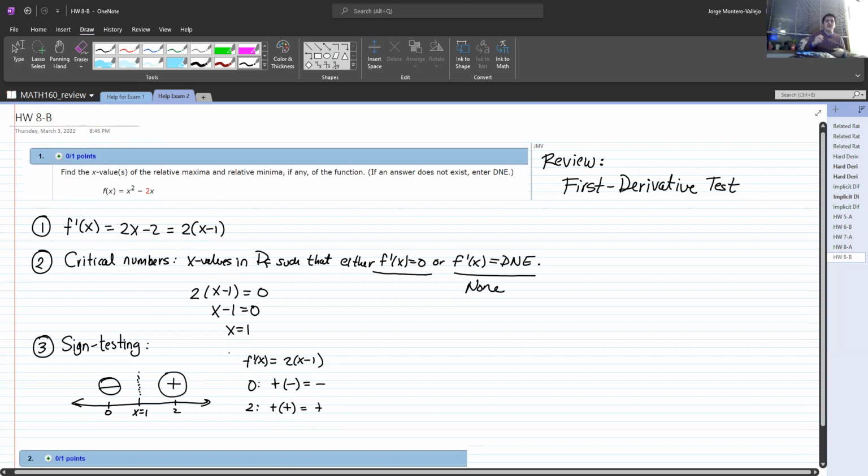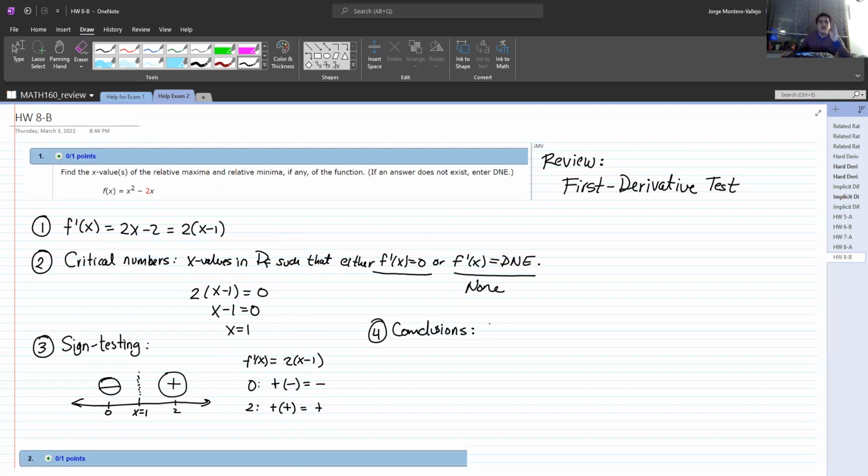Now remember that when you make the conclusions, what you need to be looking at is whether you are seeing a change of sign about a critical number. In this case, the critical number is 1. And we do see a change of sign, from its left to its right.